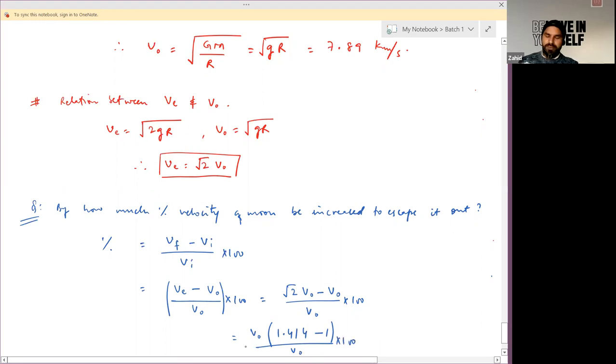So this V naught and this V naught cancel out. 1.414 minus 1 is 0.414, into 100 it will be 41.4%, or roughly 42%. It means if the velocity of the moon is increased by 42% of its present value, it may escape from the gravitational pull of Earth.